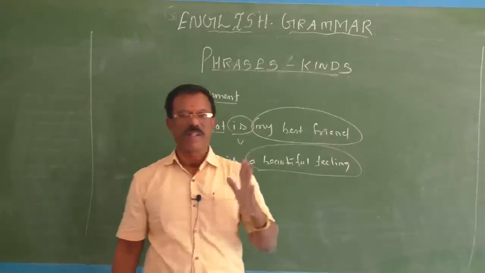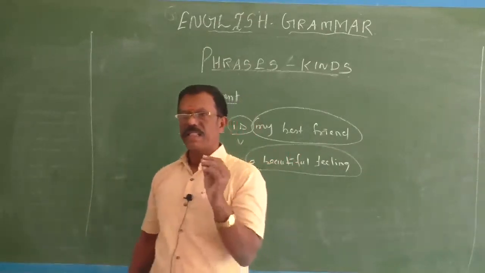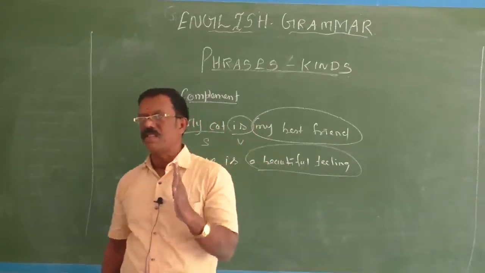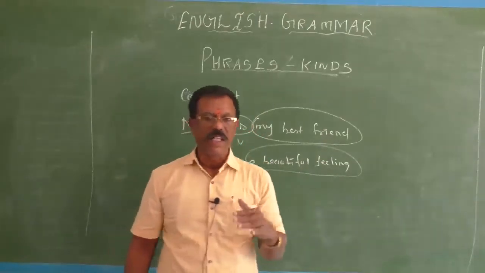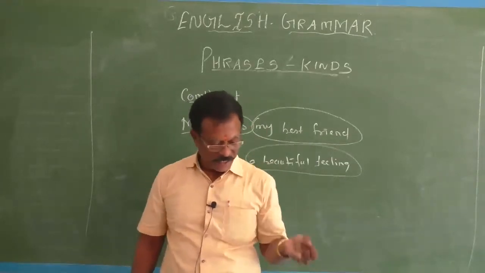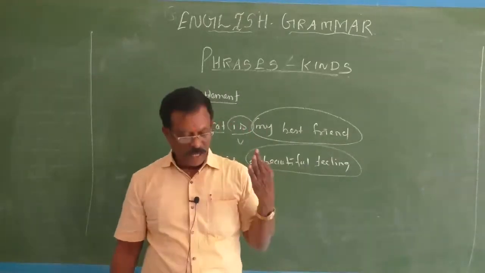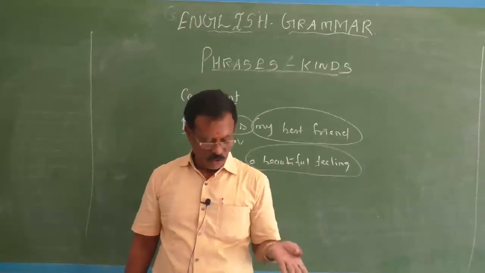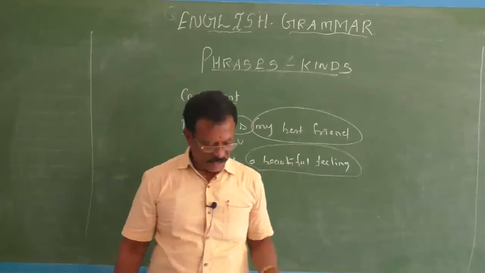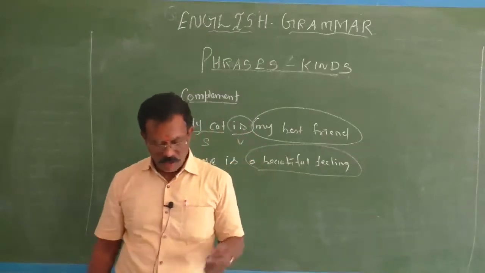What is a noun phrase? A noun phrase is a phrase that does the function of a noun in a sentence. A noun phrase may consist of a noun as a head word. It can be qualified by a quantifier, number, adjective, and modifier also. Sometimes the modifiers may be pre-modifiers, sometimes post-modifiers.